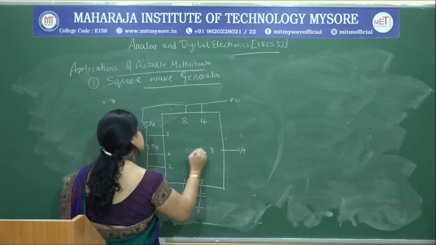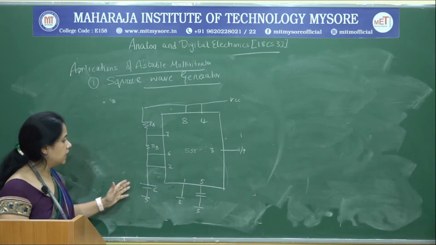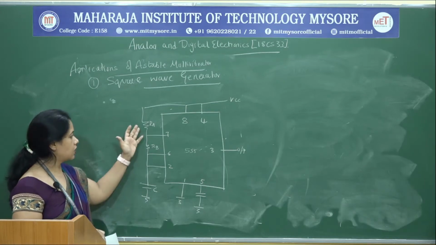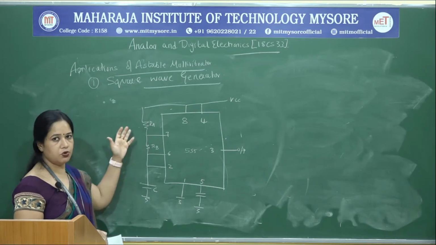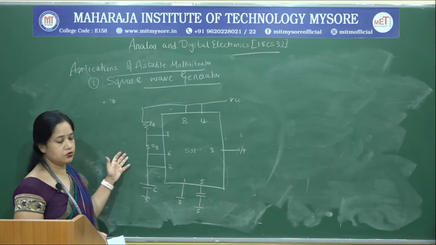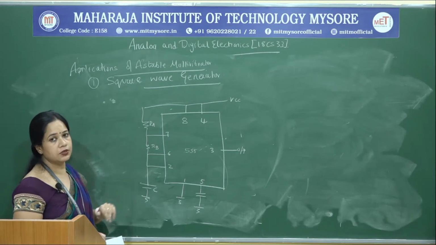This is your basic 555 timer. T on is 0.693 (RA plus RB) C, and T off is 0.693 RB C.